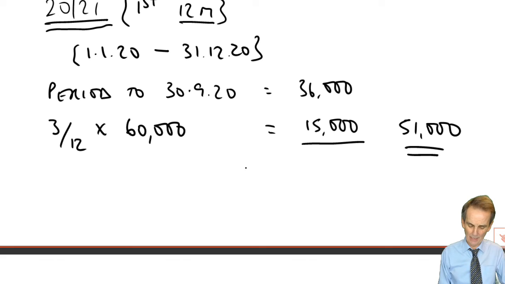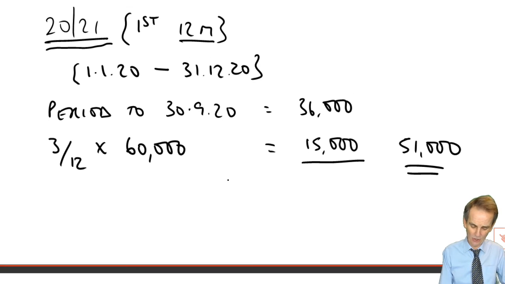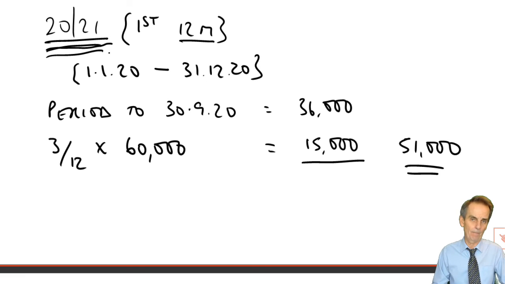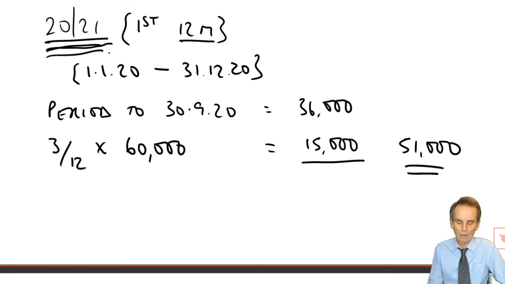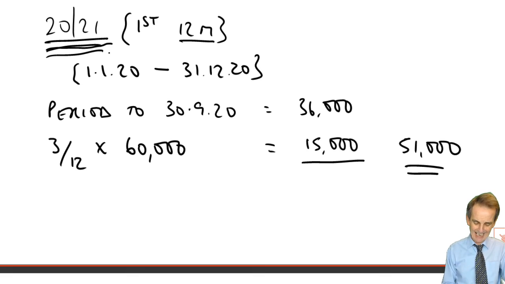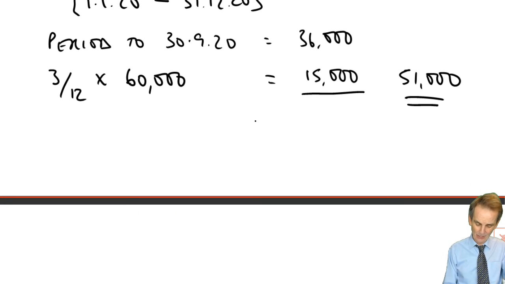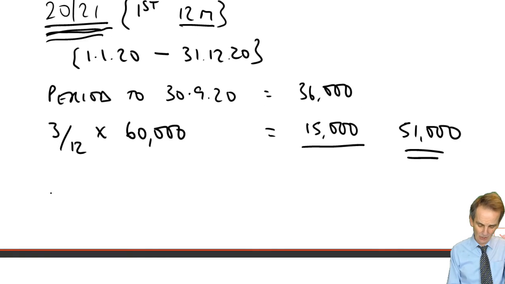So there is your assessment for this, the second tax year, the 2021 tax year. As soon as you've got your second tax year, where you had opening period of less than 12 months ended in that second tax year, the third year will be straightforward, and we already know the answer to this. The third tax year is 21-22 tax year.